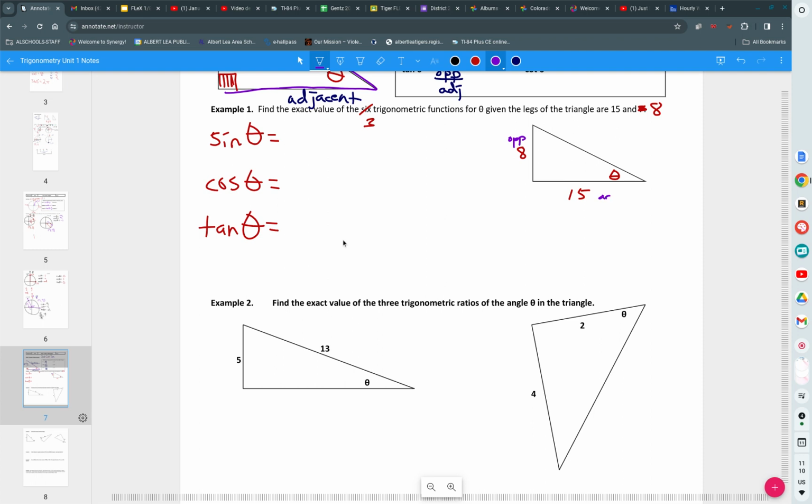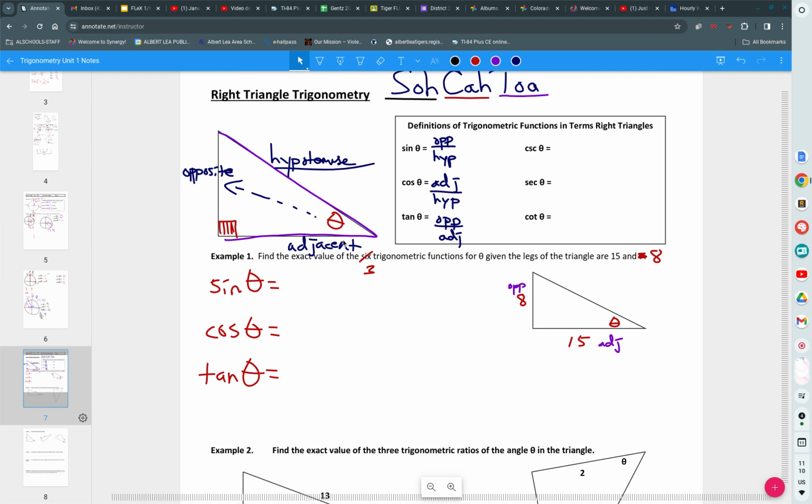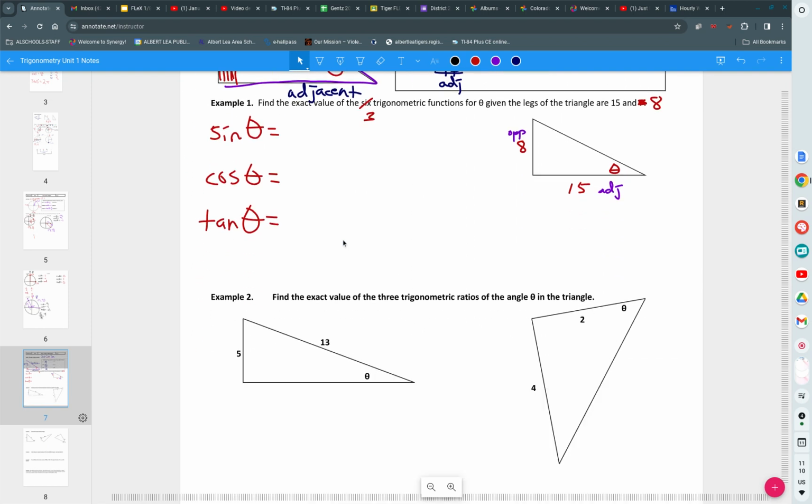That's the adjacent. So if I know the opposite and the adjacent, which one of these three can I label right now? Tangent. Remember that tangent is the opposite over the adjacent. So I know right now by this information, tangent is 8 over 15.